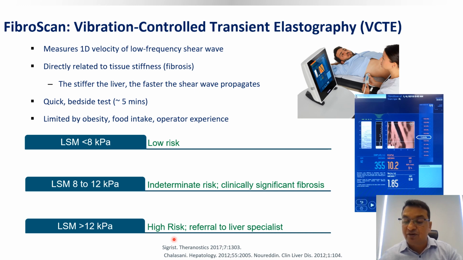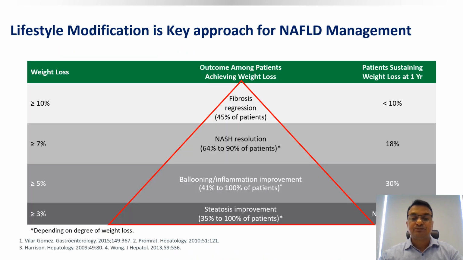Patient might have advanced fibrosis or cirrhosis. Refer the patient to the liver specialist. And if the patient is having LSM value 8 to 12 kilopascal, then that patient is having clinically significant fibrosis, right? So that is how we interpret the results on FibroScan or transient elastography.